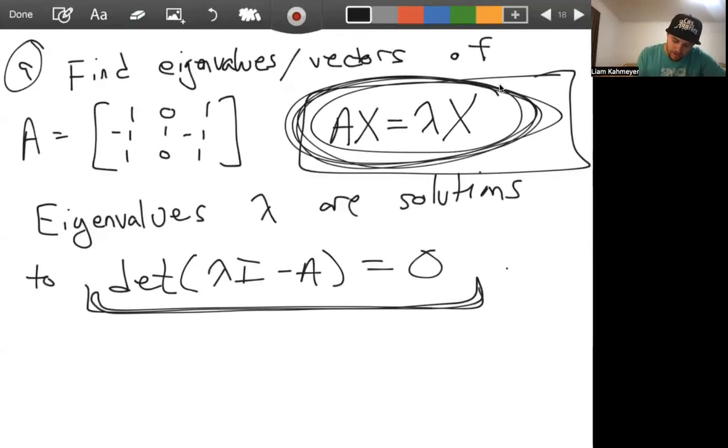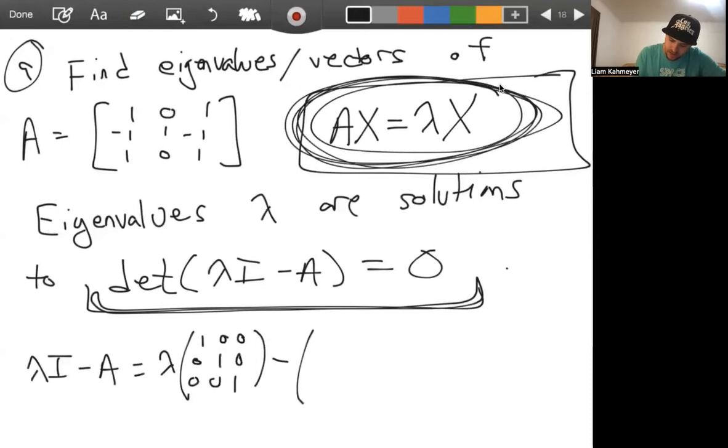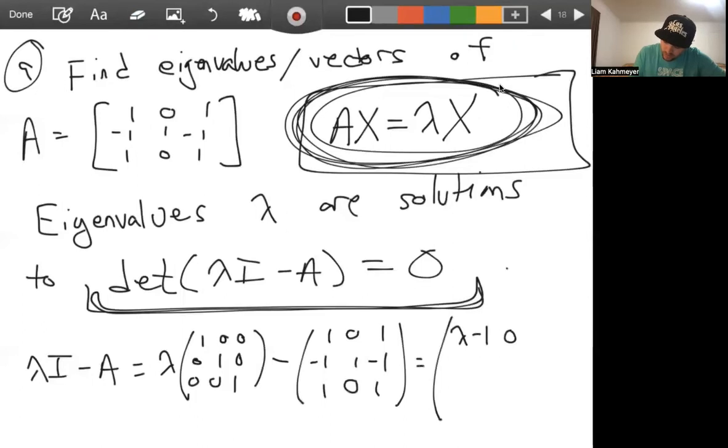So if A is that matrix, then let's calculate lambda I minus A. This is lambda times 1, 1, 1, 0, 0, 0, 0, 0, 0, minus A, which is 1, 0, 1, negative 1, 1, negative 1, 1, 0, 1, which looks like it's going to be lambda minus 1, 0, negative 1, positive 1.